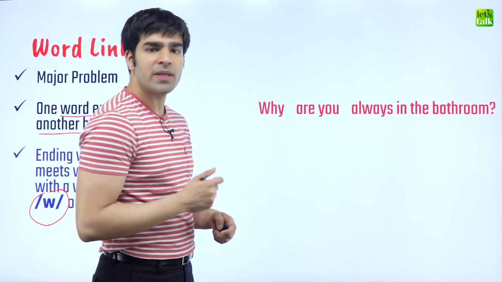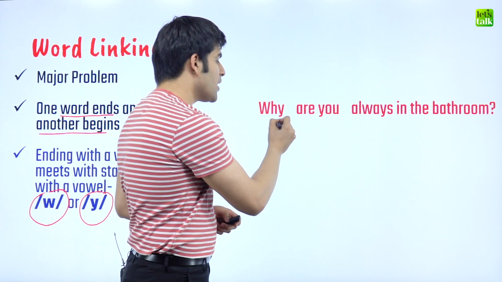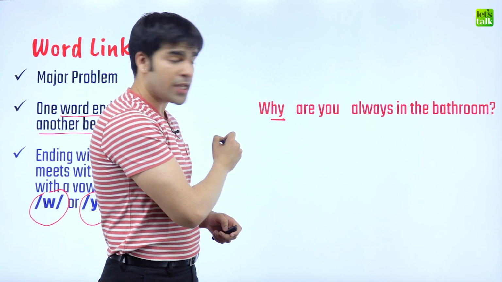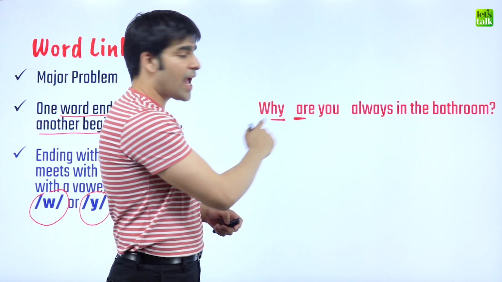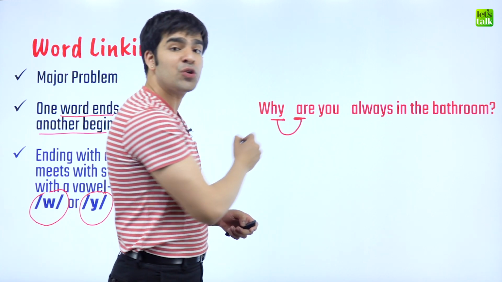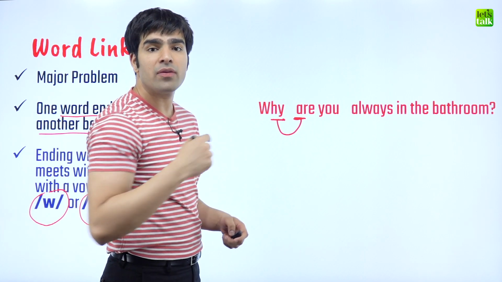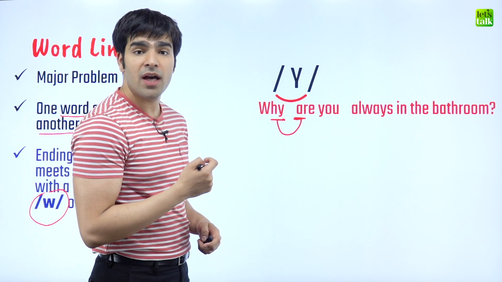I'm going to show you the first example here. Why are you always in the bathroom? The first linking is happening when "why" is finishing and "are" is starting. The first word ends in a vowel, and this word is a vowel as well. This is called vowel to vowel linking, and the sound that it produces is the Y sound. One more time, Y sound.